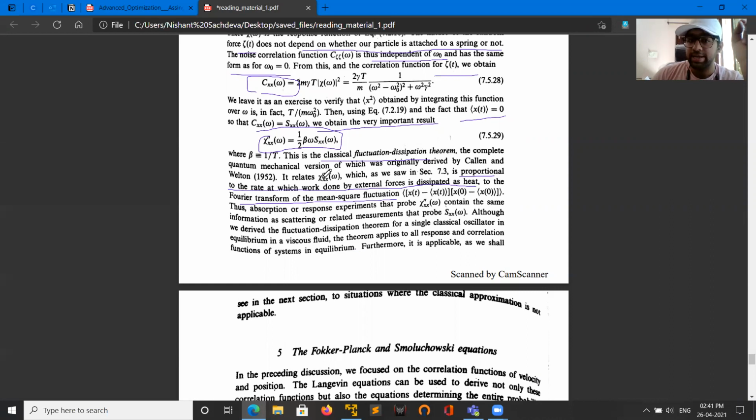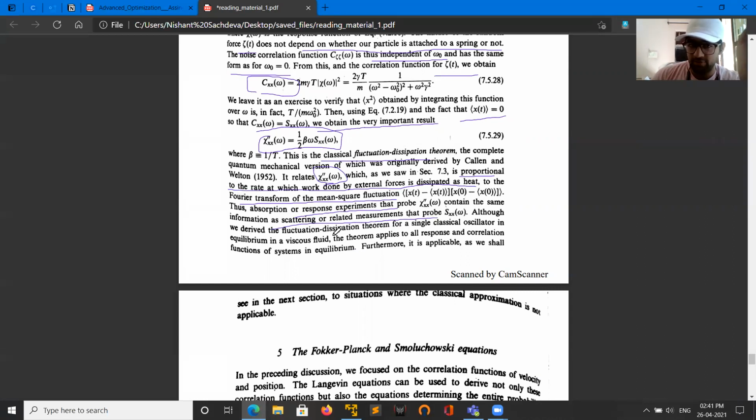Thus, absorption or response experiments that probe this contain the same information as scattering or related measurements that probe this.